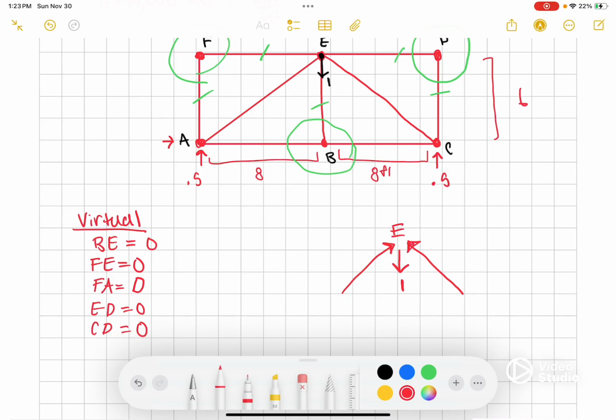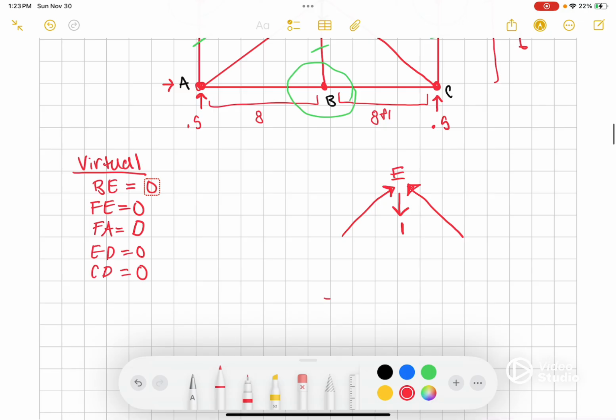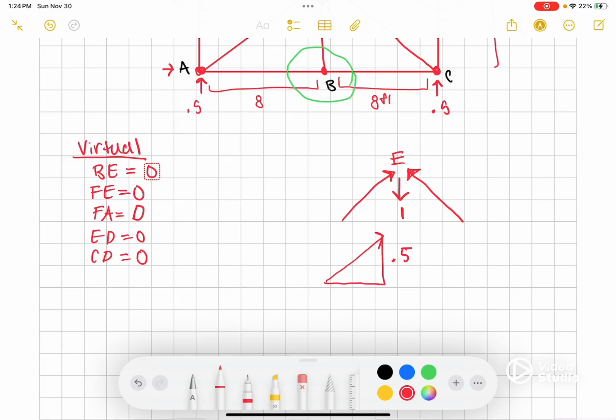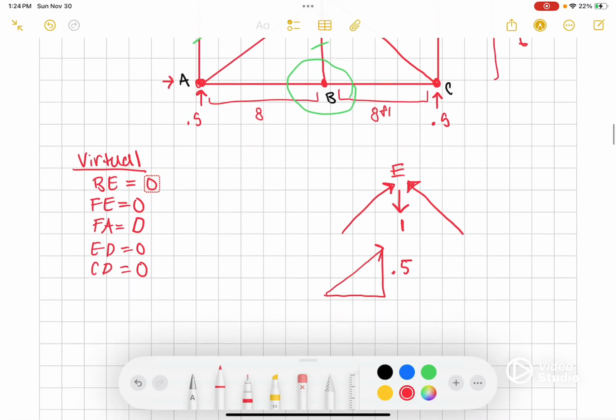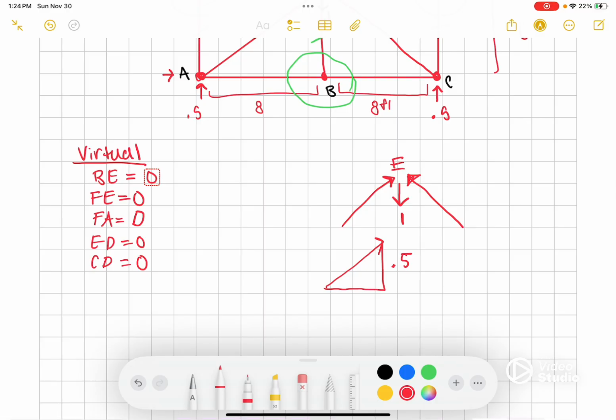So we know that the vertical force in one of these, let's just make our little triangle here, and it's going to be in compression. So we know the vertical force in one of these is going to be 0.5, and that the horizontal force is going to be equal to whatever the other one is. So it's an 8, 6, 10 triangle, but that's the same thing as a 3, 4, 5 triangle.